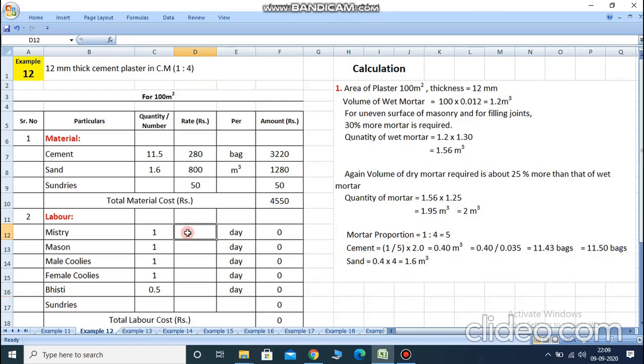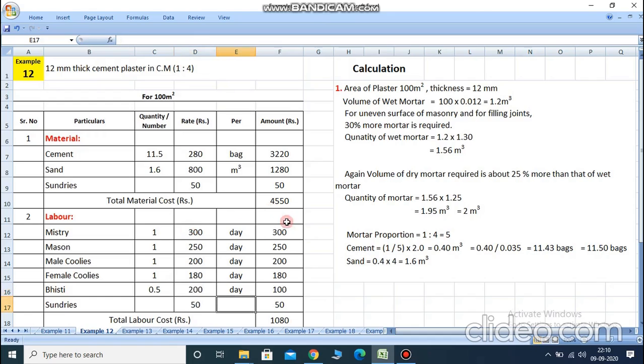Now the mistri rate per day is 300 rupees. Then the mason rate is 250 rupees. Then the male pulley is 200 rupees, and the female pulley rate is 180 rupees per day, and the bistri rate is 200 rupees, and we take the extra cost as 50 rupees.